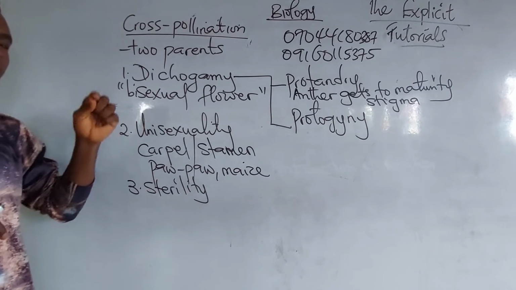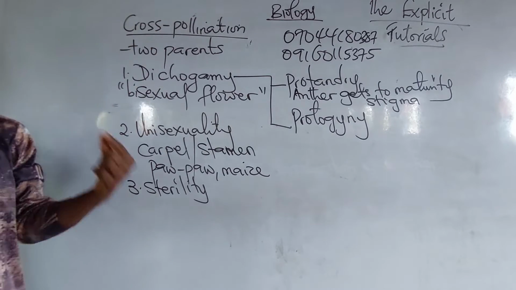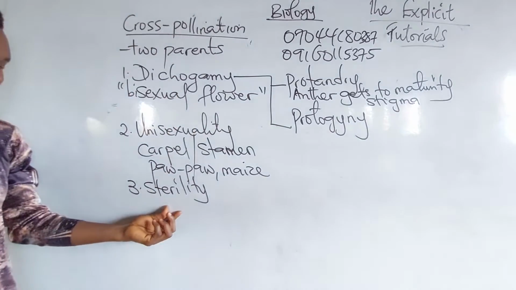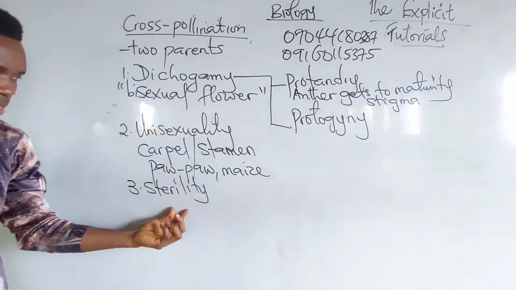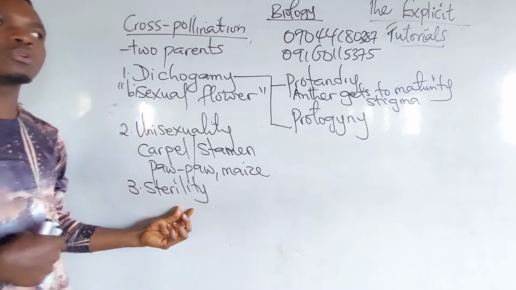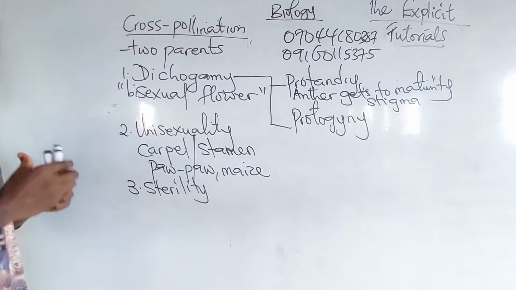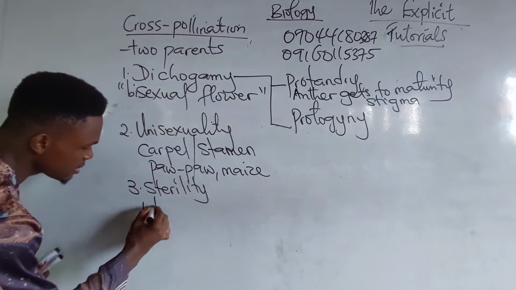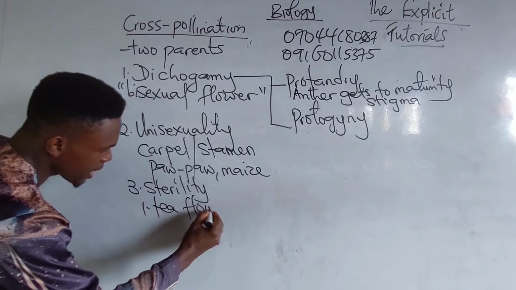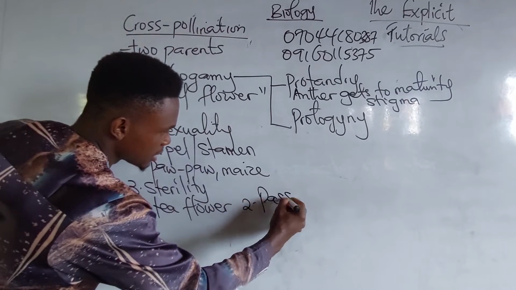However, if pollen grains from another flower get deposited inside the stigma of flowers that exhibit sterility, then there will come reproduction. Examples of flowers that can make themselves sterile are: one, the tea flower, and two, the passion flower.